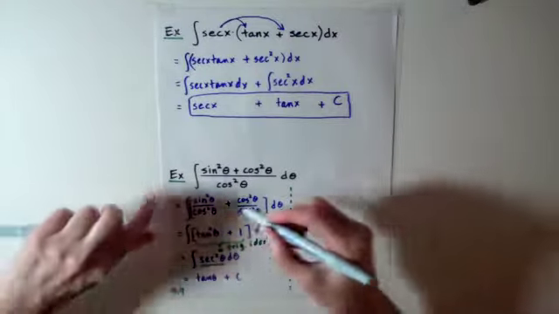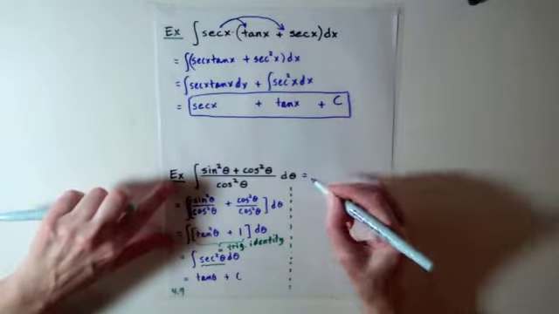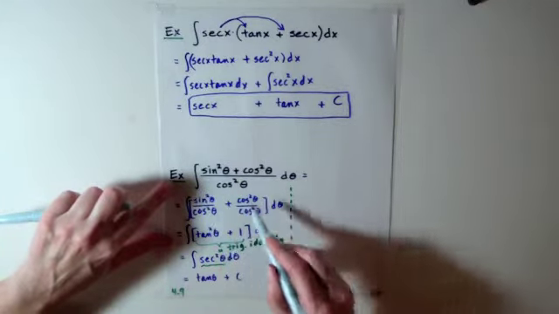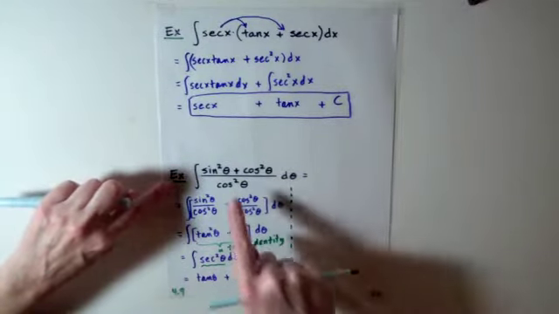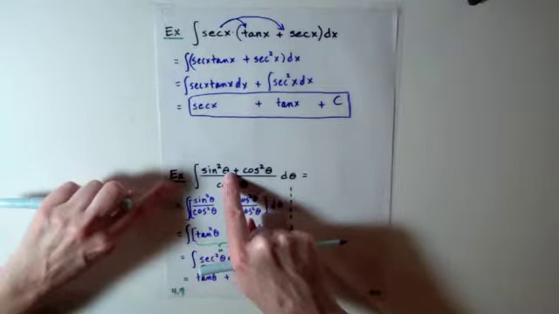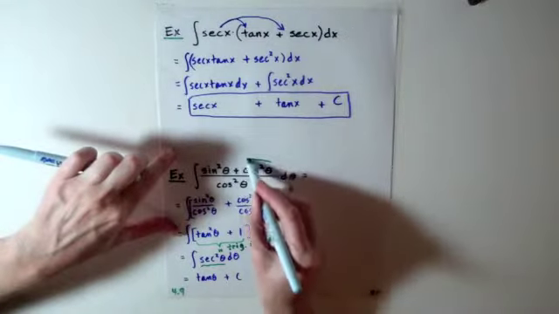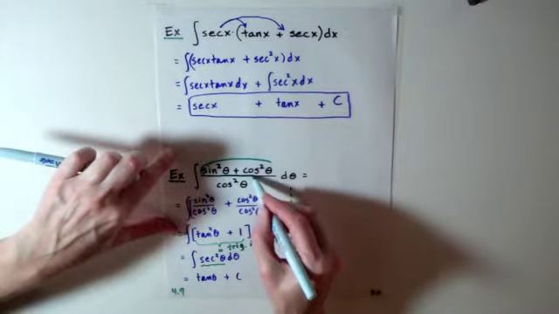If I went back to the original problem right here, can you see a trig identity that would greatly simplify this before I even try to integrate? Notice in the numerator I have a sine squared theta plus a cosine squared theta. There's another trig identity that almost everybody remembers, since it's one of the most basic.